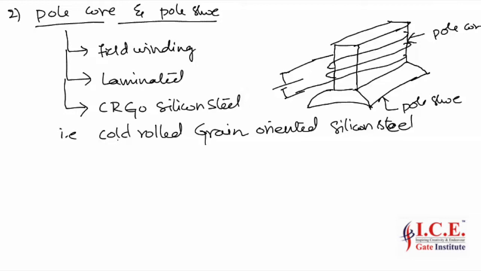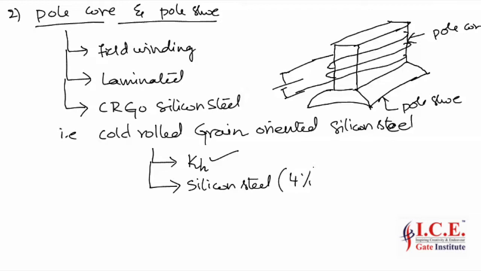The purpose of this steel is that it minimizes the hysteresis losses because of having a low hysteresis coefficient Kh, and silicon content is added to the steel so that it is a silicon steel, and the percentage of silicon added is 4%.